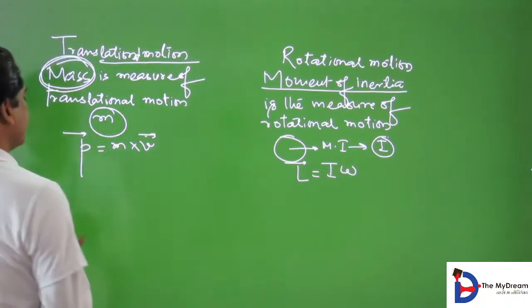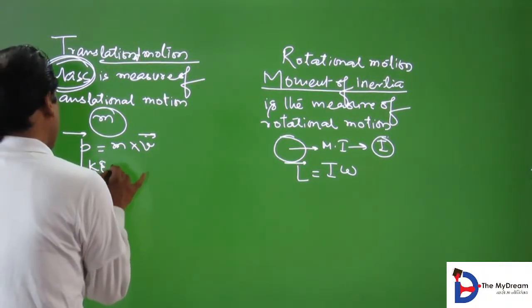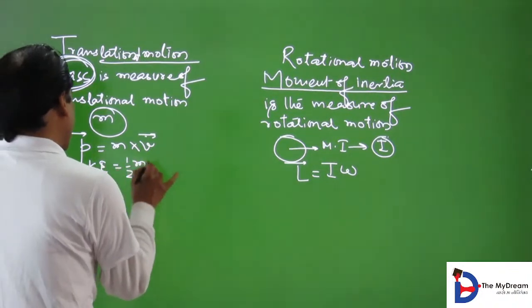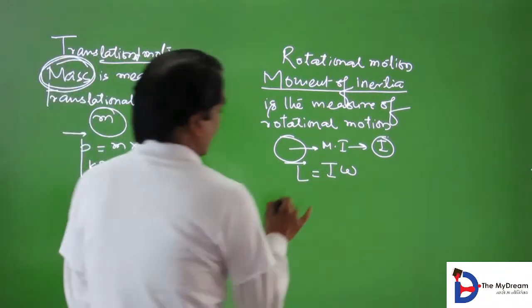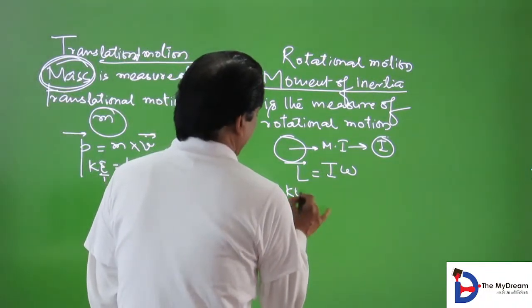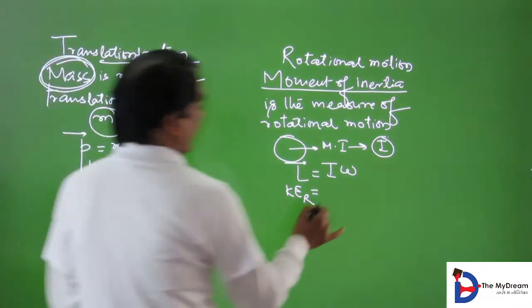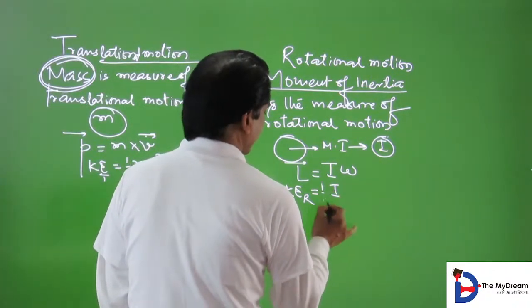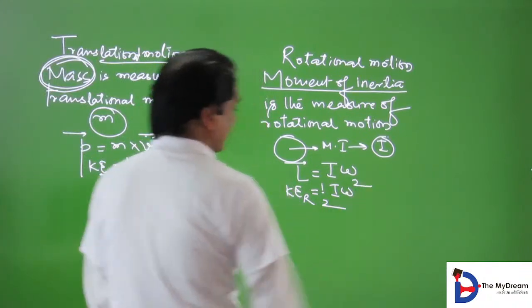Yes, if we are talking about the kinetic energy, that is given by this for translatory. Which kinetic energy is rotatory? In place of mass you can write I. In place of velocity squared you can write omega squared.